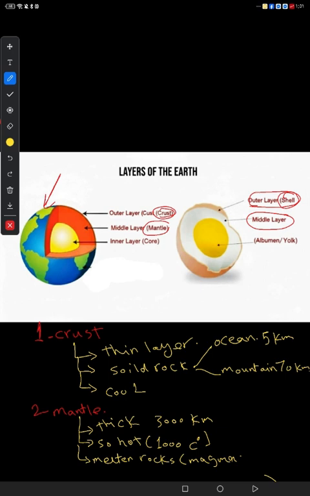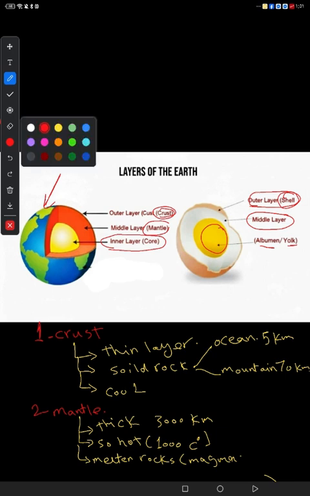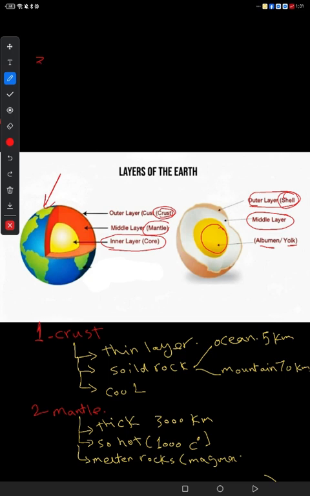The last layer in our egg is called the yolk. But in our earth, it is called the core. So the inner layer in our earth is called the core. Number 3.